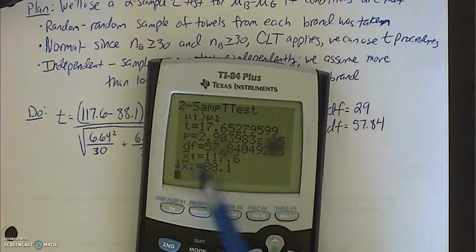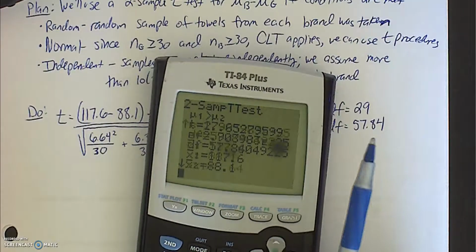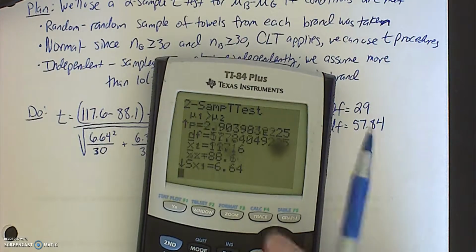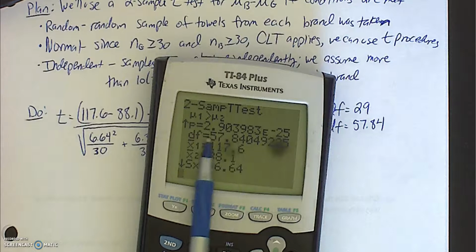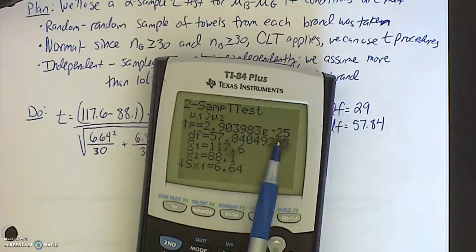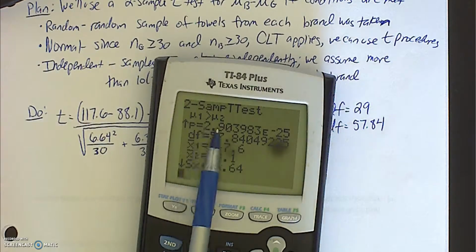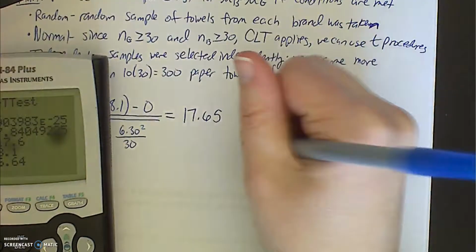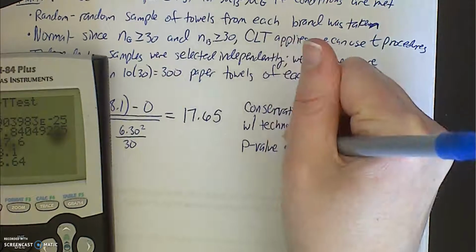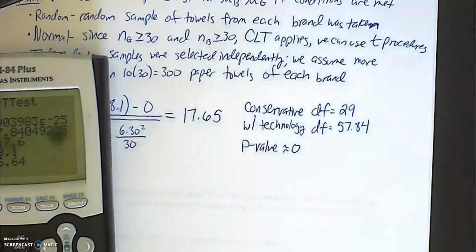Our p-value says 2.9 E to the negative 25. That means it's basically 0. There's going to be 24 zeros after the decimal point and a 2. So our p-value here is about 0.